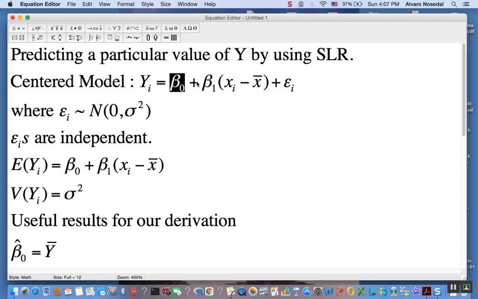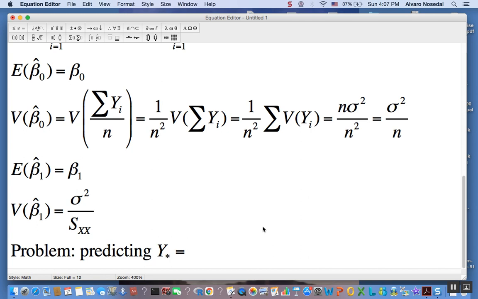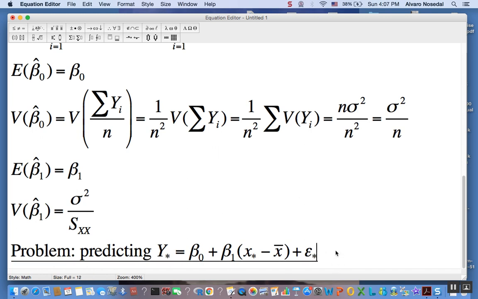So it's the response evaluated at a particular value x star, and of course this epsilon star is also a random fluctuation particular to this observation of the response variable. Make sense? We want to predict that.